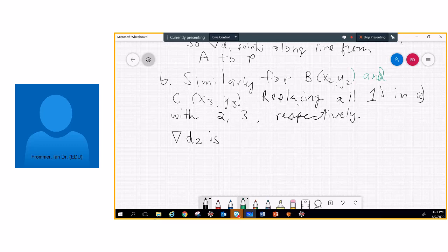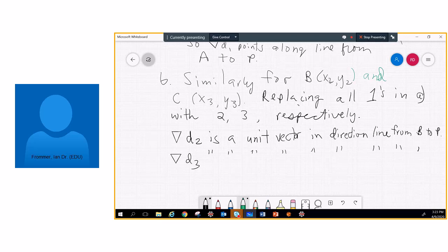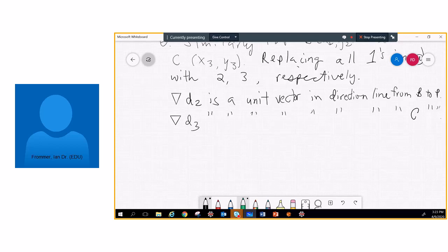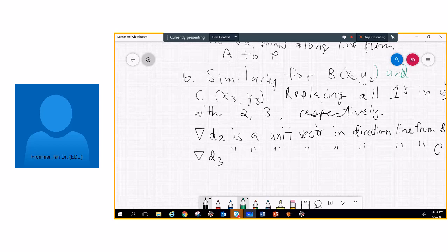It is a unit vector in the direction of the line from B to P. I'm going to say the same exact thing for the gradient of D3, except C to P, like that. Okay, so that takes care of part B of this process.